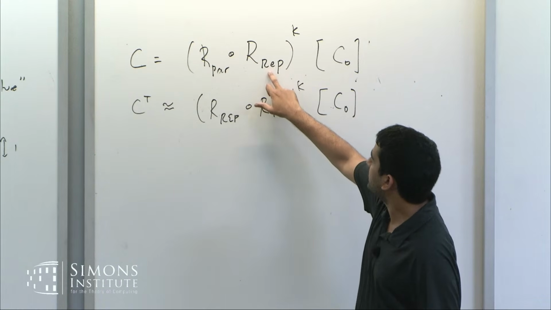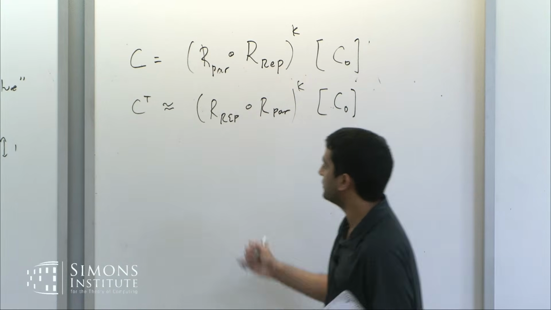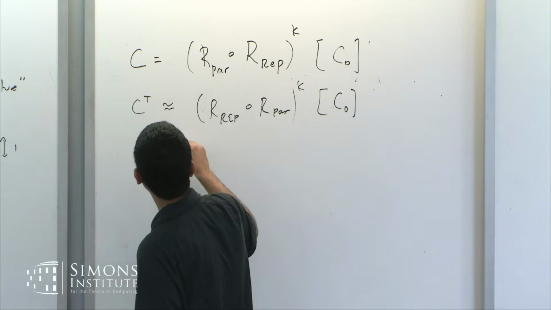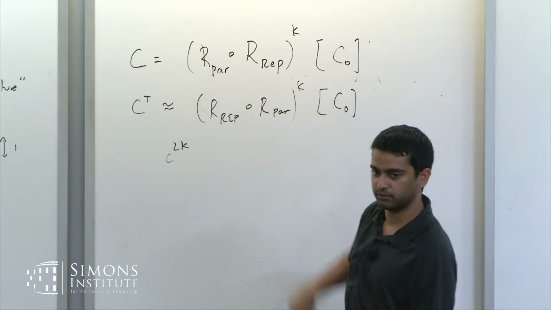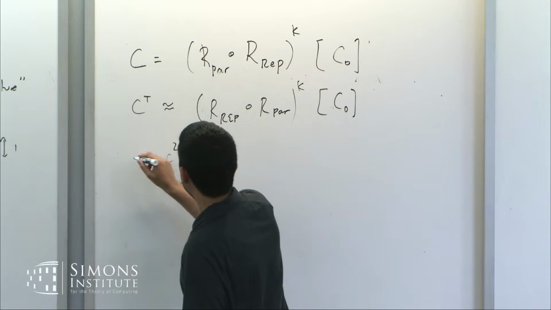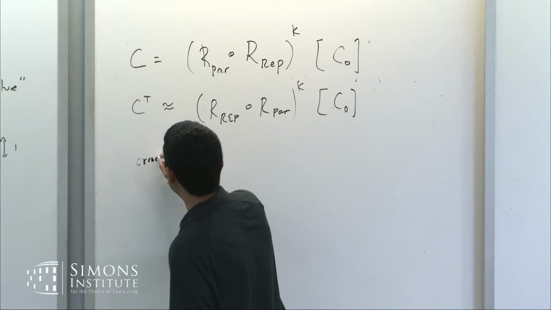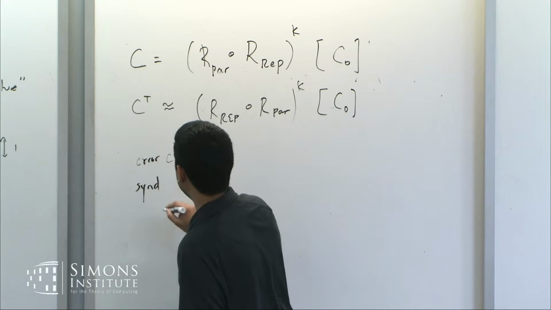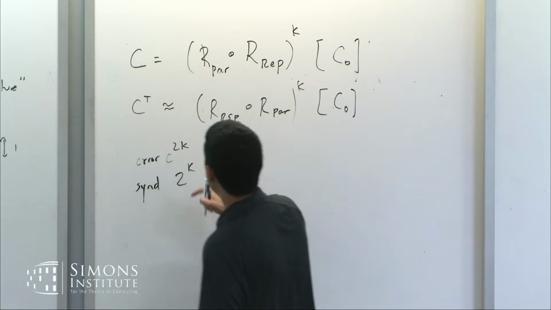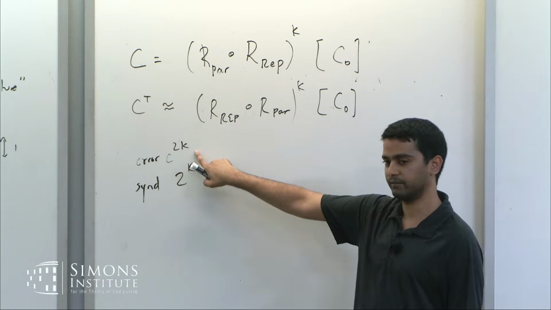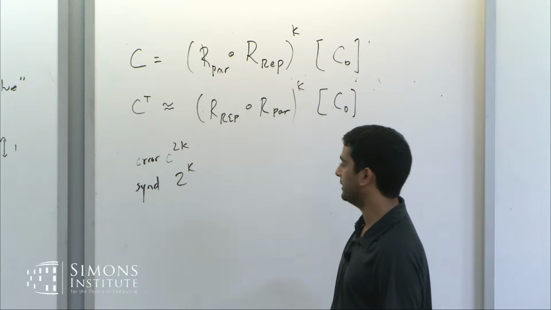So since I'm doubling the weight of the error during the repetition step, if I have an error of size 2 to the k, after doing this k times, the size of the syndrome is still going to be 2 to the k. So it's still growing as a power of the weight of the error.